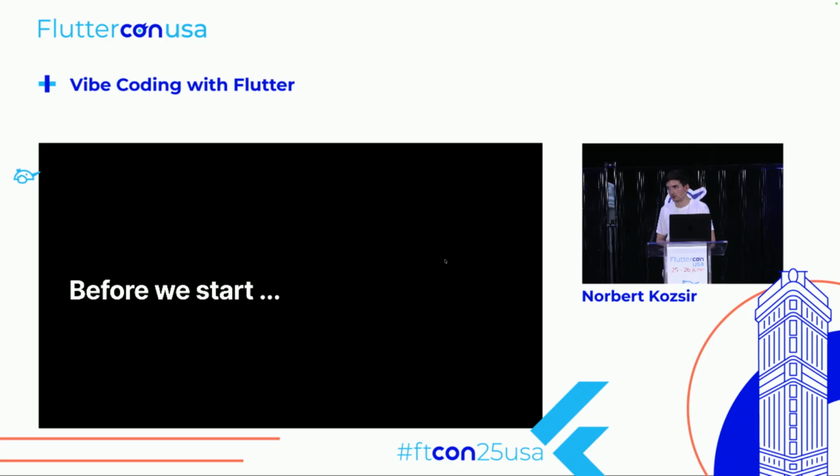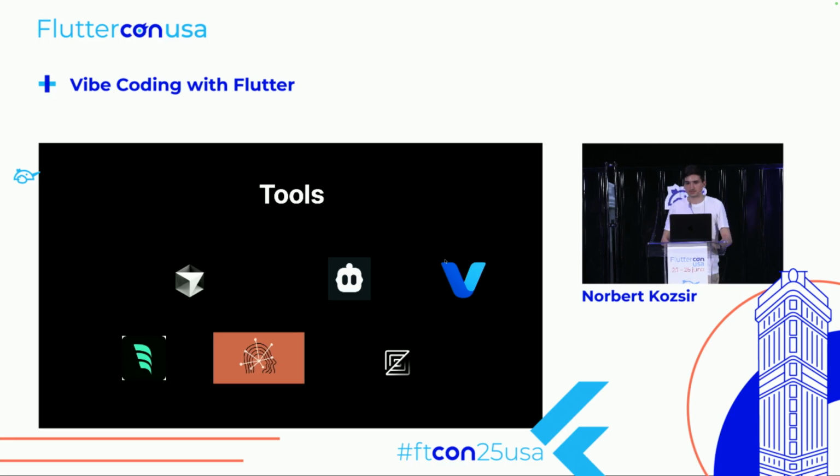So before we start, tools. There's a bunch. Of course, I also had to include my own IDE in there. It's not that production ready yet, that's why we're not going to use it, but there's Windsurf, there's Claude Code, there's Cursor, there's Roo Code, there's Cline, there's Zed, there's tools, it feels like every day another tool pops up.